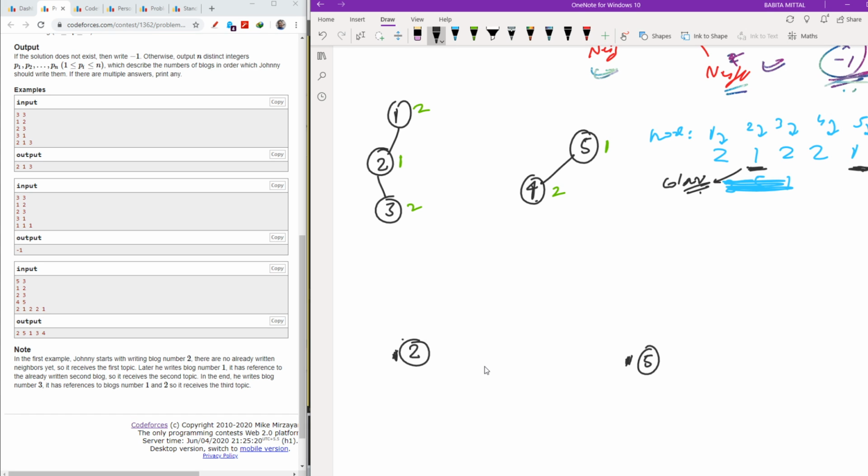Now the next reason why I started from the smallest one, which is the reference value 1, is that when I move to the next node, I need to check that the neighbors should have all the smaller values. Now how will I say that? Okay, now I put 1, I put nodes 2 and 5. Now I will move to the node with reference value 2.